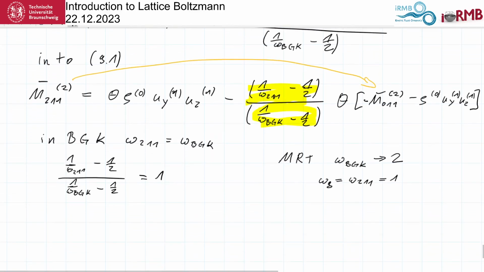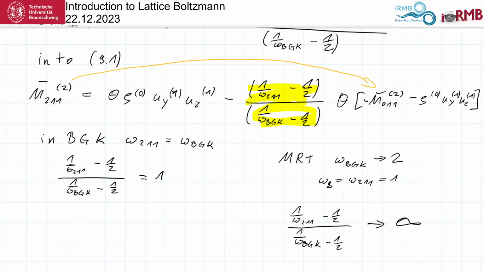So what does it mean? It means that (1/ω2 − 1/2) divided by (1/ω_BGK − 1/2), so this goes to infinity.